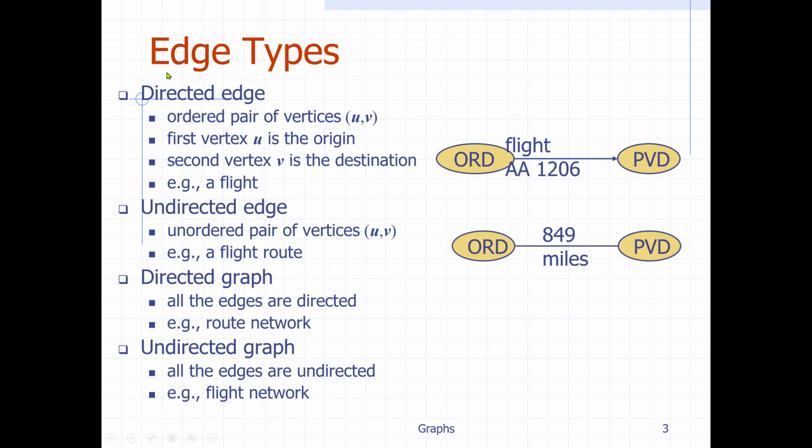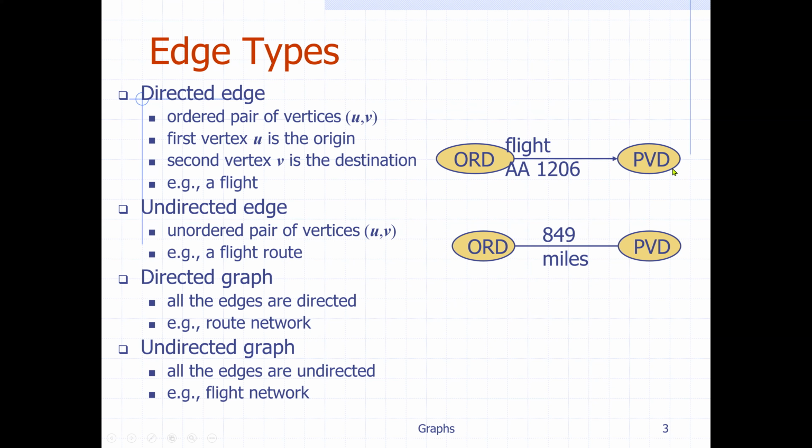In a graph, we have two types of edges. We have the directed edge. A directed edge normally will point to the direction that we are moving, so from the source or the origin to the destination. So in this example, this is a directed edge because our origin will be ORD. The flight is from ORD and is going to PVD.